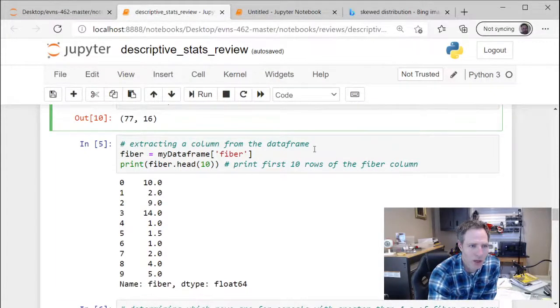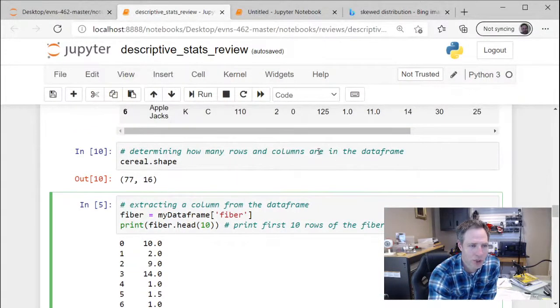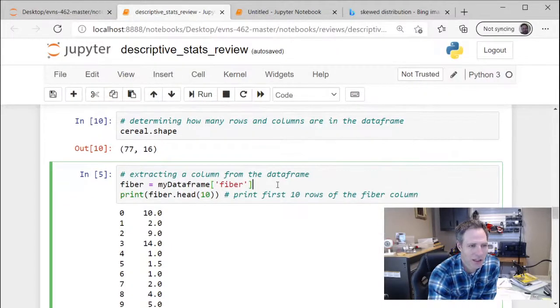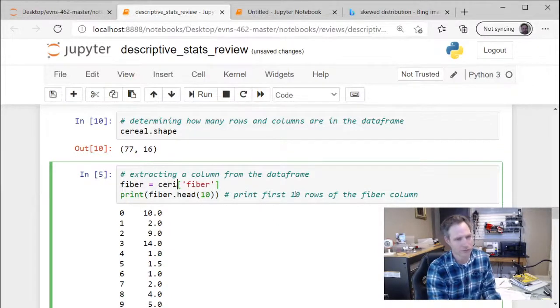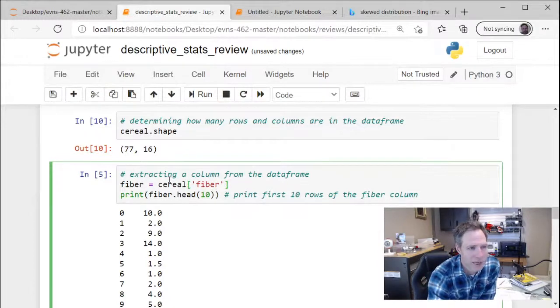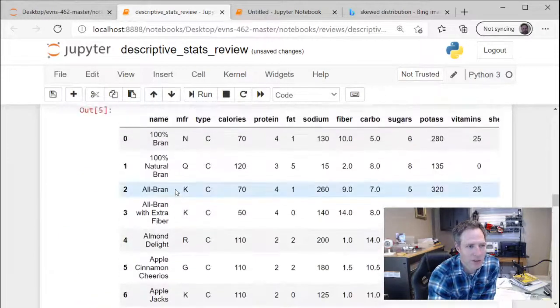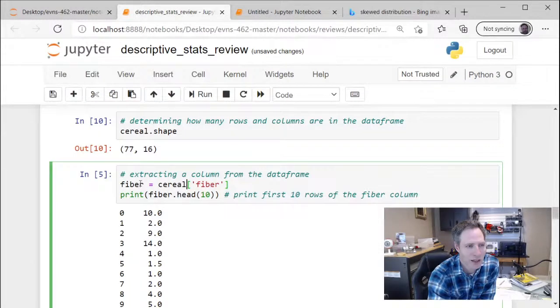One more thing that at this point you should definitely know about working with data in Python: I want to extract a column from the data frame.